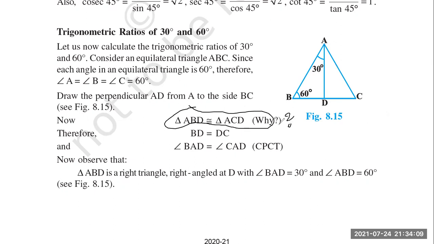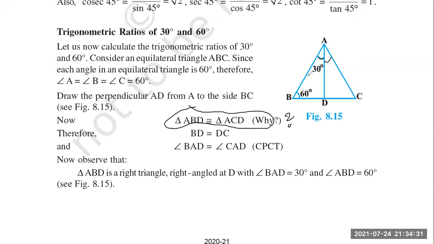Why are they congruent? Triangles congruent बताने के लिए congruency rules के हिसाब से हमें proof करना है. So if you see these two triangles, one pair of angles are equal, then this is the common side, and here we have another pair of angles equal. But हमें क्या चाहिए? Equilateral triangle.